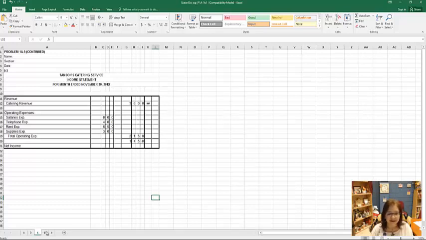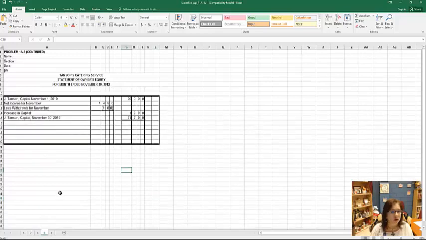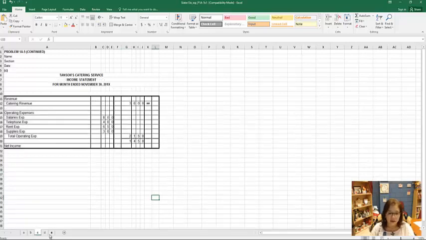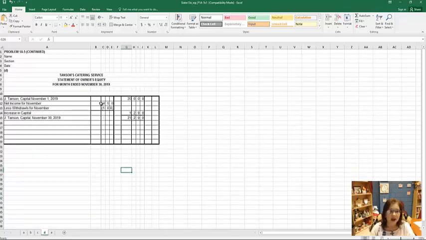Wow. Okay. Then I have to create my owner's equity. Remember, owner's equity is always going to have the historical amount unless he added more, which he didn't. We take the net income for November, from the sheet before, right here, place it in. Now, less any withdrawals, less any money that he took out. Well, he did. He took out $160 for his own personal use. So you minus that.